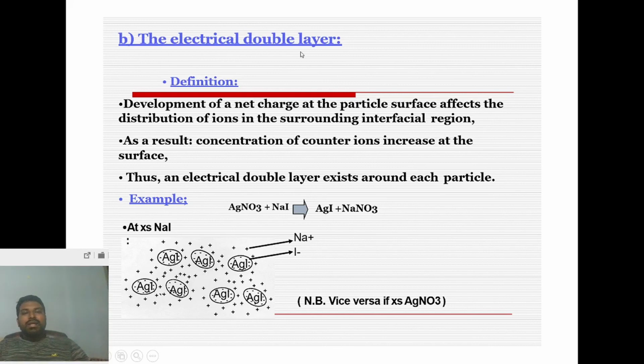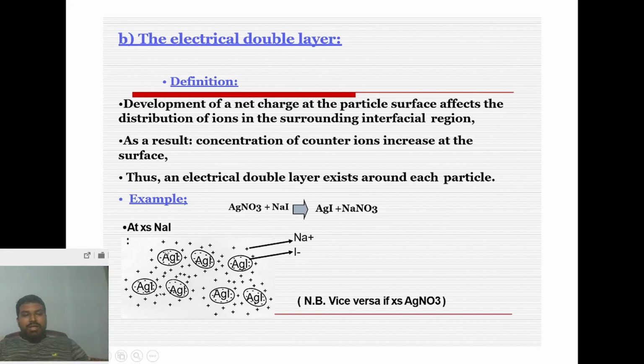The electrical double layer: the development of a net charge at the particle surface affects the distribution of ions in the surrounding interfacial region. As a result, the concentration of counter ions increases at the surface. Thus, an electric double layer exists around each particle. Example, AgNO3 plus NaI gives AgI plus NaNO3.